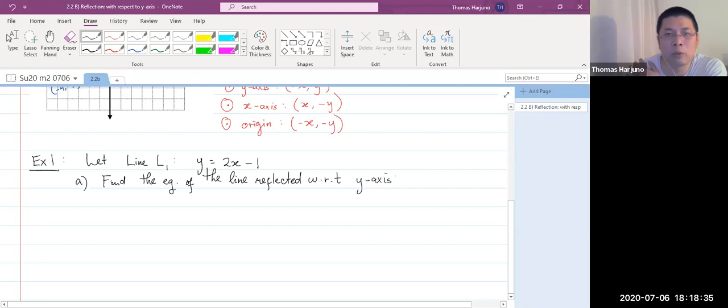Now we know when we reflect with respect to the y-axis, the y will stay the same, the x will get the opposite. So I will copy the same equation here, but I replace the x by negative x. So y equals 2 times negative x minus 1, which is y equals negative 2x minus 1.